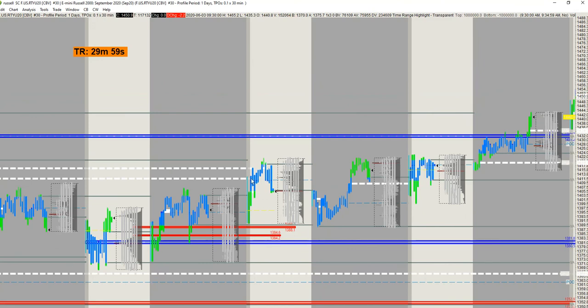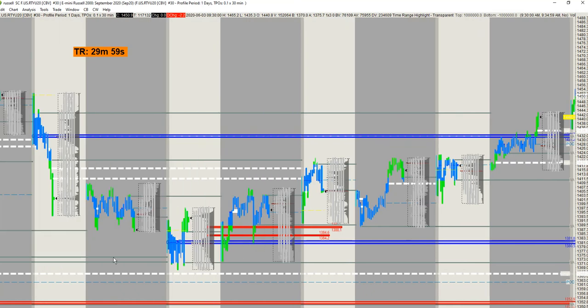Okay, we go up, we test a low volume node, and this is an important area because this is the first day we had lower value, and if I'm a buyer, I want these low volume nodes to be support. And in the overnight here, we flush down, we trade back up, we traded into these areas several times, and sellers couldn't really get any traction below this. So that's important. Sellers are not in control in this overnight. Sellers are not in control this day.